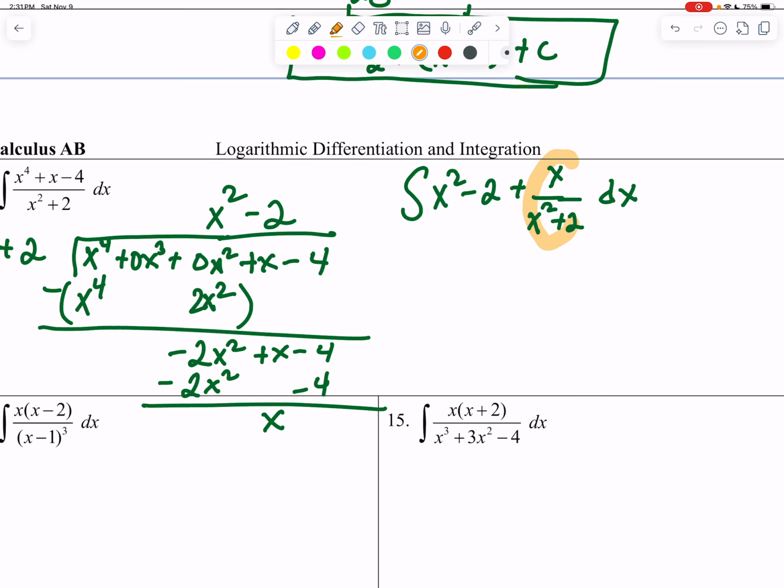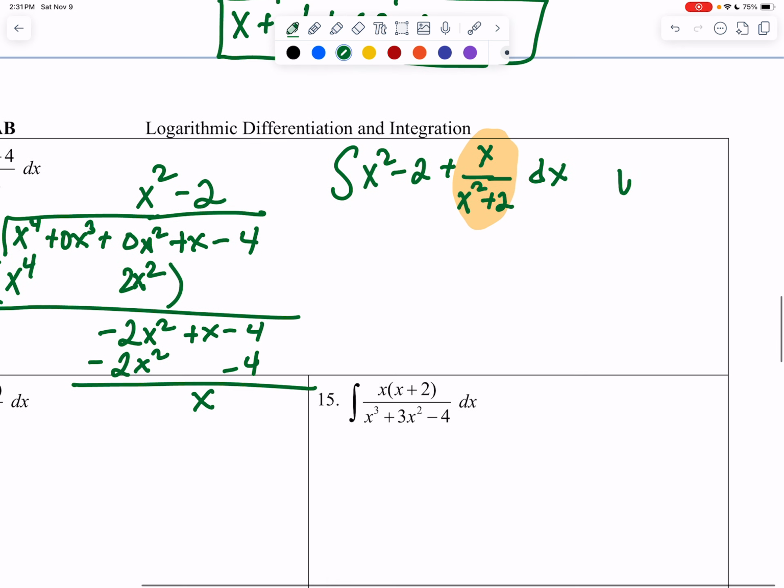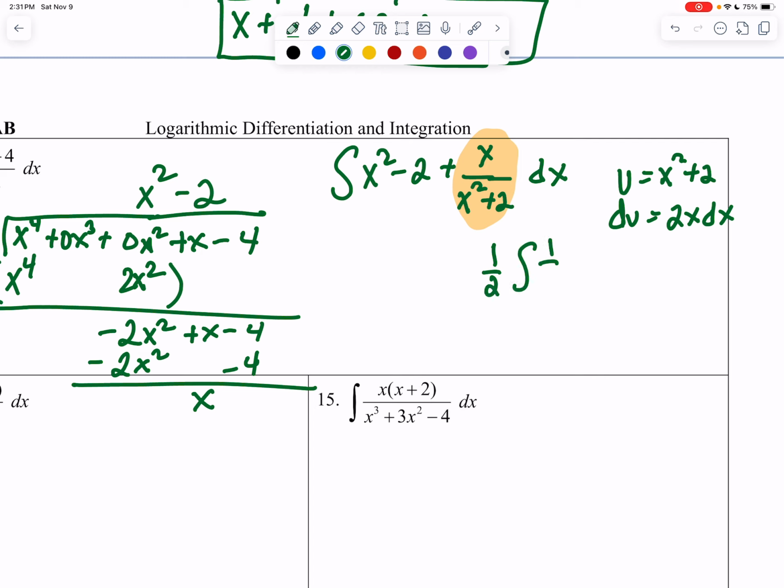Once again, for this term right here, what we're going to do is use u sub. Use u as x squared plus 2, du is 2x dx. That's perfect because then the x's will cancel out. So then I have 1/2 times 1 over u du, and that's just going to be 1/2 ln of u.